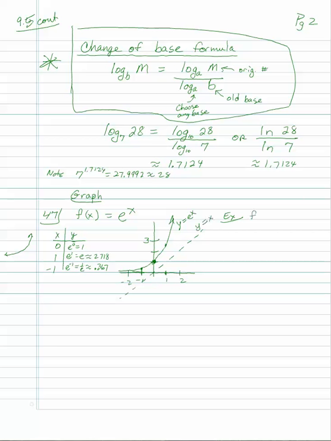So if I wanted to do f of x is equal to the natural log of x, I'm going to switch the x and y from the graphs I did. Instead of doing 0, 1, I'm going to do 1, 0. Instead of 1, e, I'm going to do e, 1. And instead of negative 1, 1 over e, I'm going to do 1 over e, negative 1.